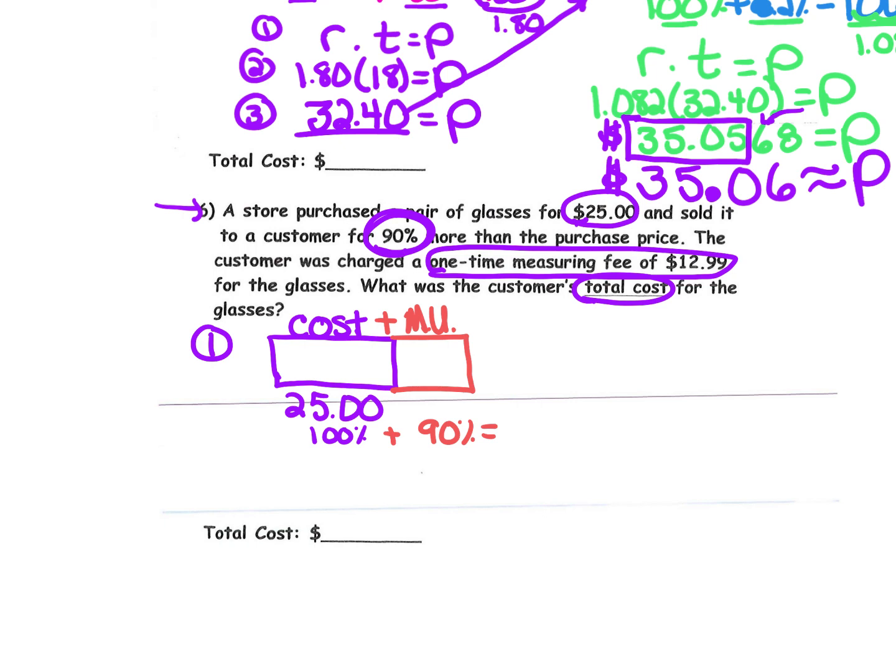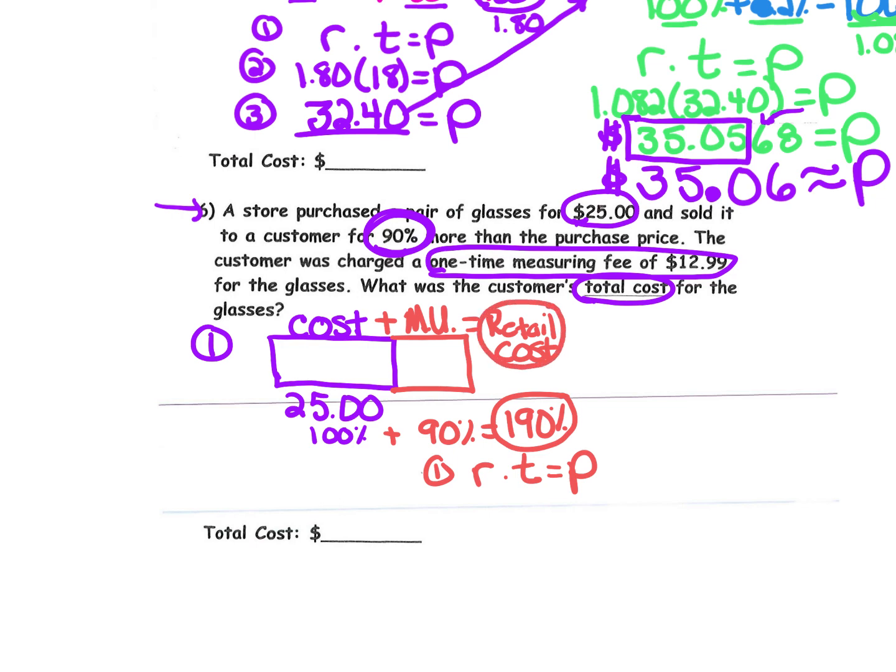So the customer is charged a 190% rate for the customer cost, or their retail price that they pay. So that's the first part of the problem. You're going to have to calculate the cost to the customer using your formula and the 190% rate, which will calculate the retail cost that the customer pays.